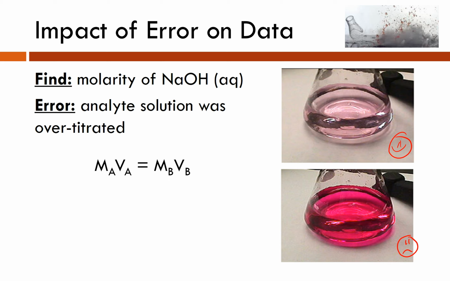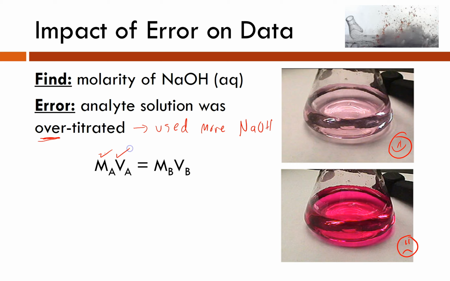So we're going to, again, I don't love this formula, but we'll use it for this example. MAVA equals MBVB. We're trying to find the molarity of the base, and the analyte solution was over-titrated, which means we used more sodium hydroxide than we were supposed to. Hopefully the word over is a giveaway. We used more NaOH than we needed to.